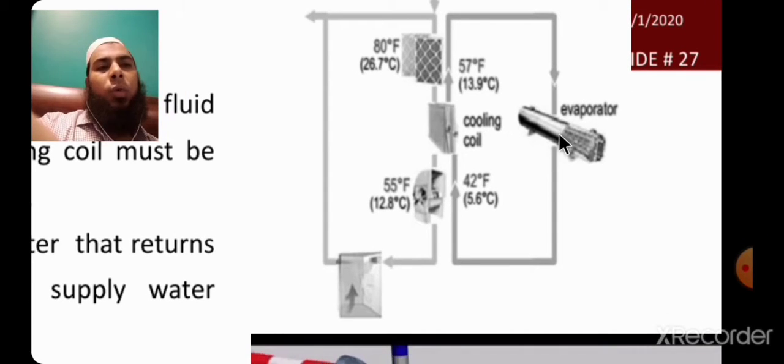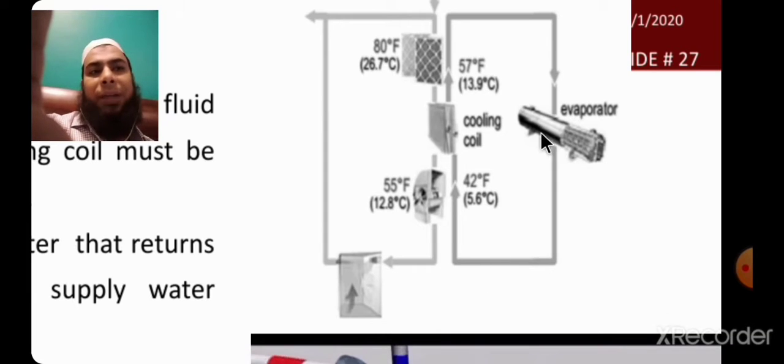This evaporator coil is cooled down by the refrigerant, and this chill water circulates through the pump. So the refrigerant cools down the water to 5.6 degrees centigrade, and when it goes to the cooling coil, it cools the air, and itself it gains the heat. So in this, the incoming portion is also water, the outgoing is also water.